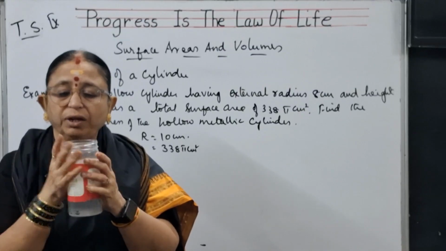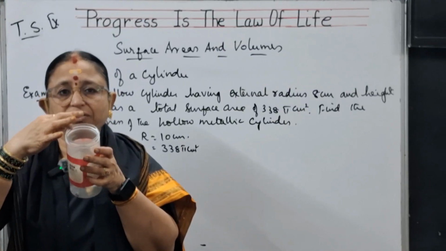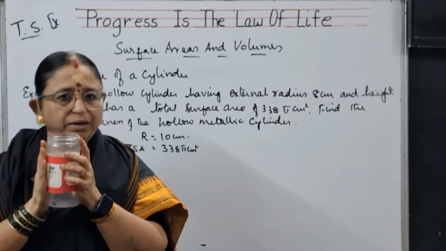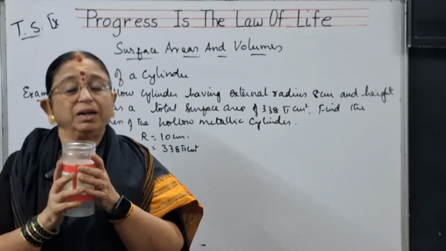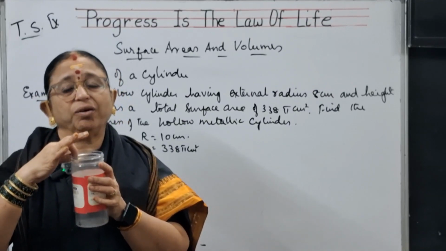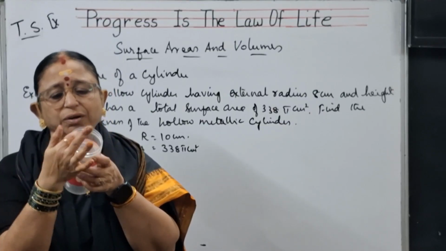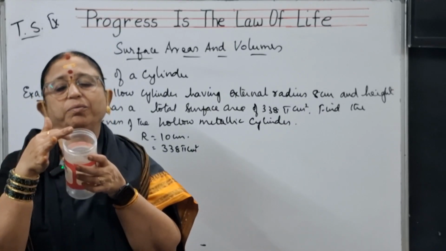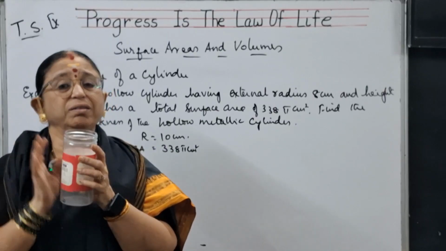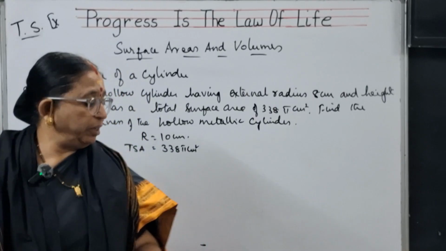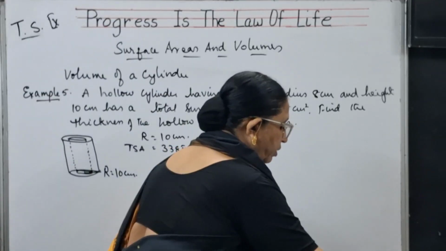Because of this thickness, the outer radius is bigger, so it is considered as capital R, and the inner radius is a little bit less, called small r. So for the thickness, from capital R you have to subtract small r. So this small r, that means the radius of the internal measure, we need to find out. So how will you do this?